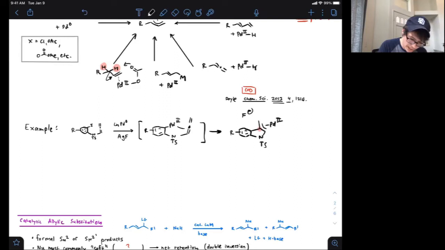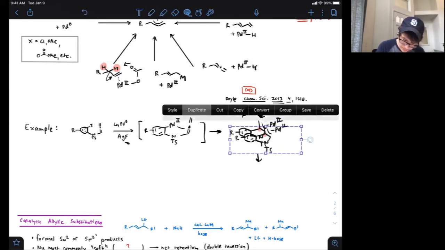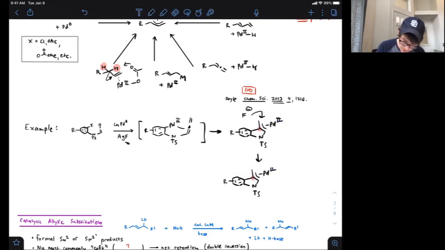So Stone's pointing out that we have this silver fluoride in solution, which is an F- source. F- is not typically a great nucleophile, but if you look here, what else is there around? Not much. And so Stone's saying that at the end here, we can get out our primary, I think you said primary allylic fluoride.